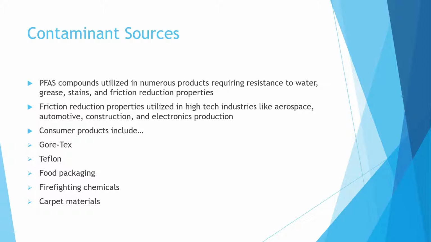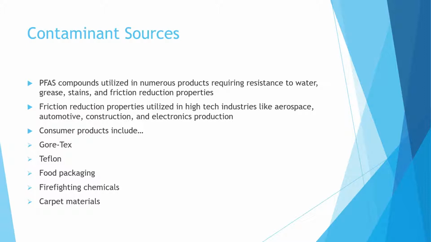For contaminant sources, PFAS compounds are utilized in numerous products requiring resistance to water, grease, and stains, and they also have friction reduction properties. Those properties are very useful in high-tech industry such as aerospace, the automotive industry, construction, and electronics production.